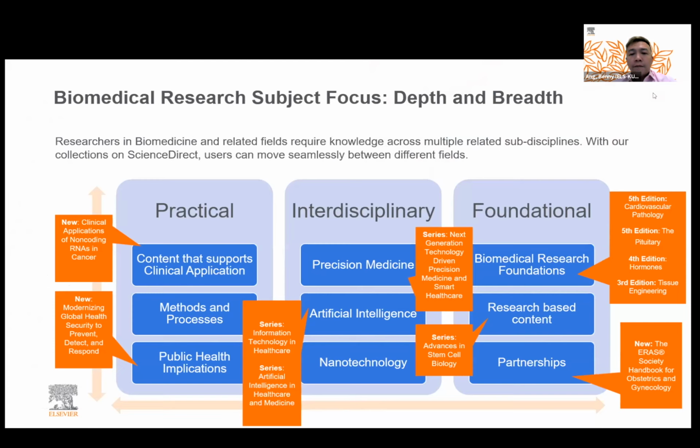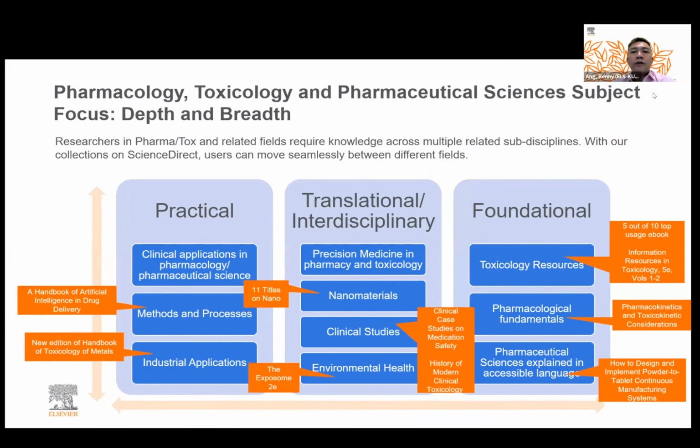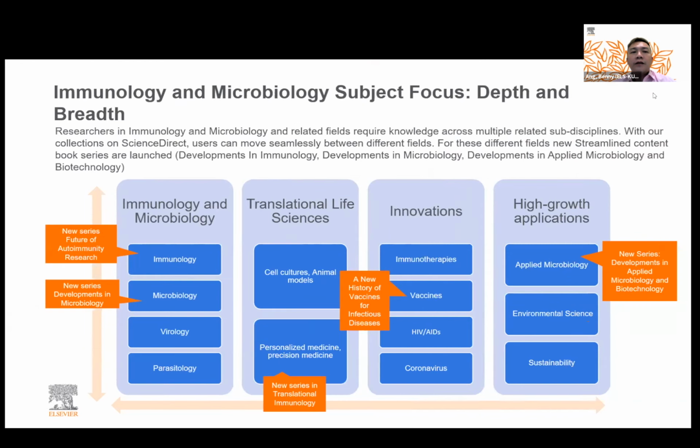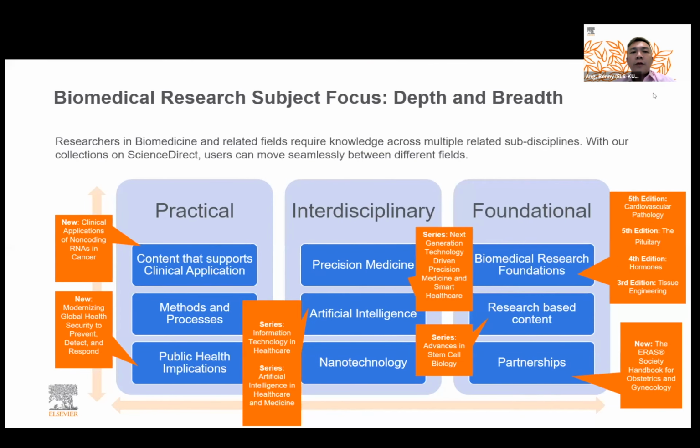So the IMU library actually subscribes to a few subject collections of the ebooks, namely biomedical science and medicine, pharmacology, toxicology, and pharmaceutical sciences, as well as immunology and microbiology. Yeah, so based on these three subjects, you can look at what those subjects are covering.